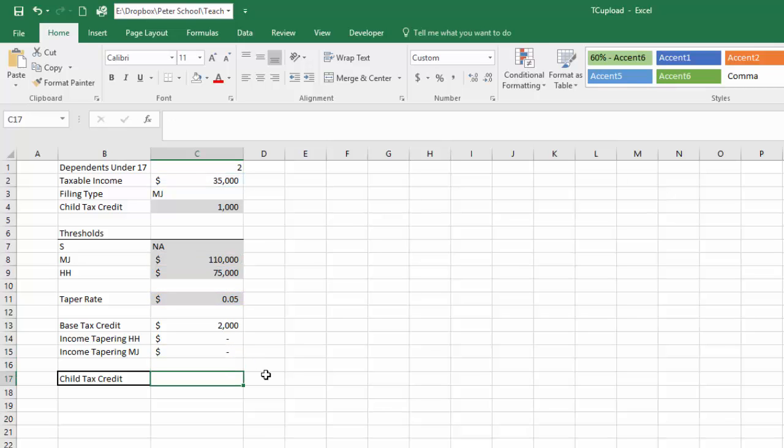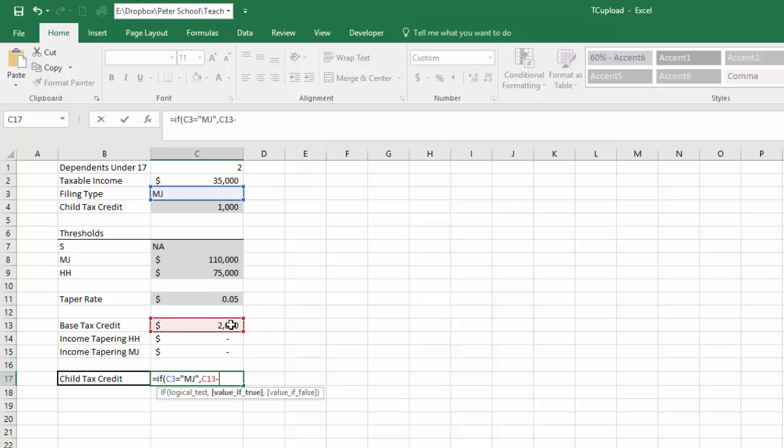Now we need to compute which tax credit we're going to have. If filing type equals married joint, then our tax credit is our base minus our married joint tapering.